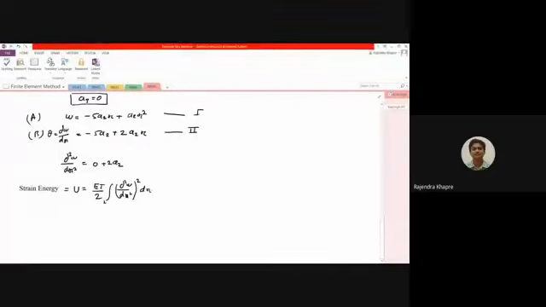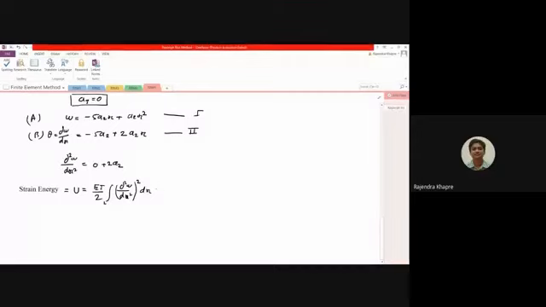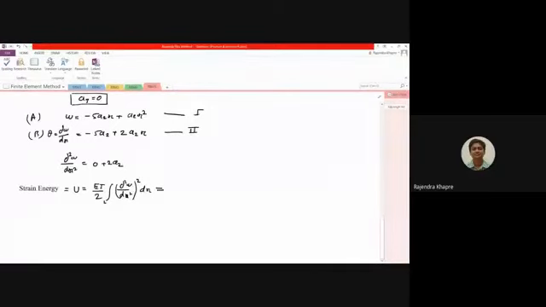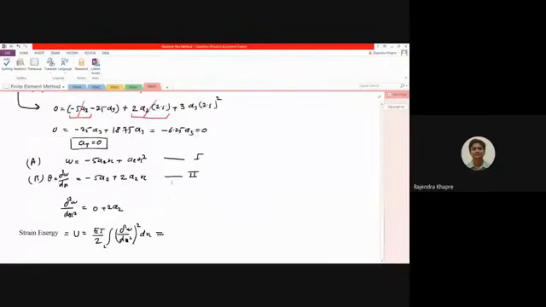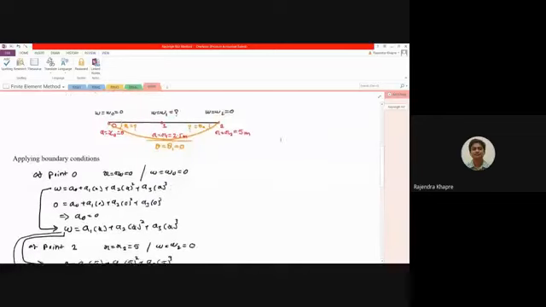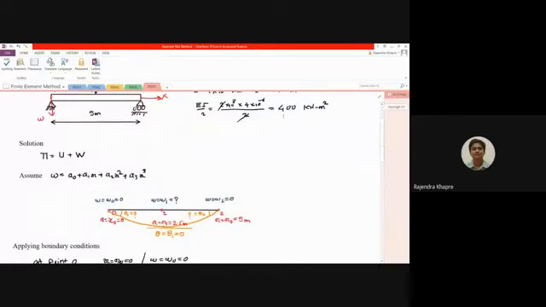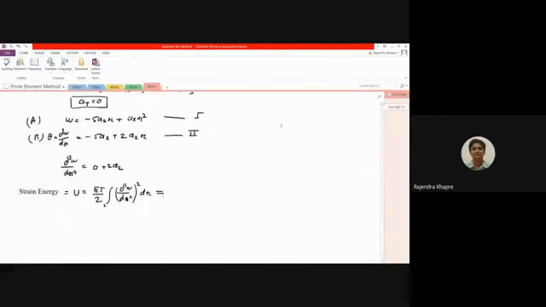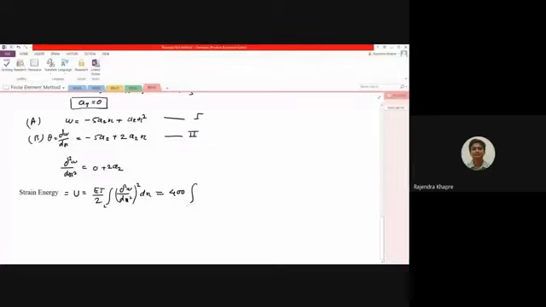Okay, so this is the basic expression for the value of strain energy. If you remember the values, EI divided by 2, we calculated at the beginning itself. So the value of EI by 2 is 400, isn't it? So let me write down 400 over here. This will be integration over the length, and the length is from 0 to 5 meters.